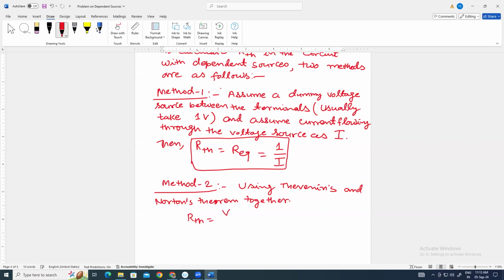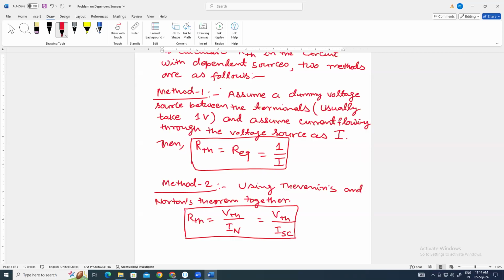So RTH will be equal to VTH divided by IN or VTH divided by ISC. That will give us the RTH value. So there are two methods.